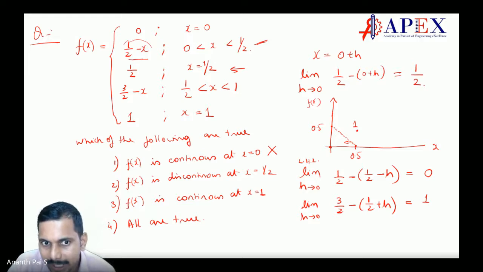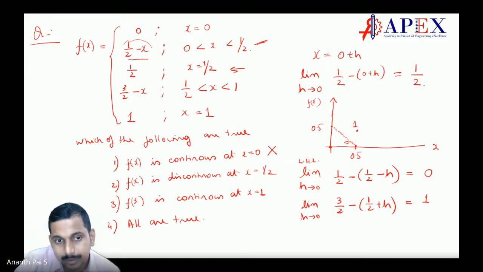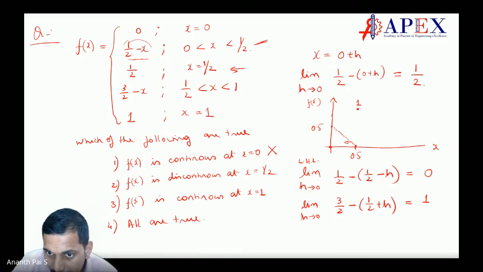Then what is the value of f of x at x is equal to half? It is half, 0.5. So it is 1 over here, I'm sorry. As a limit, it will go as 1. When you come from the other side, as a limit it goes as half. And the actual value is 0.5.